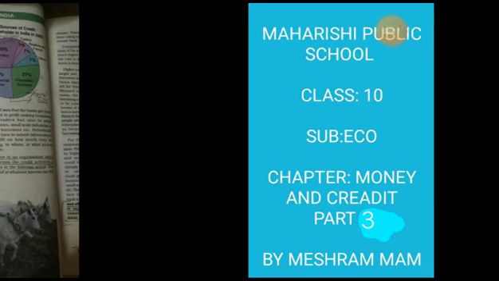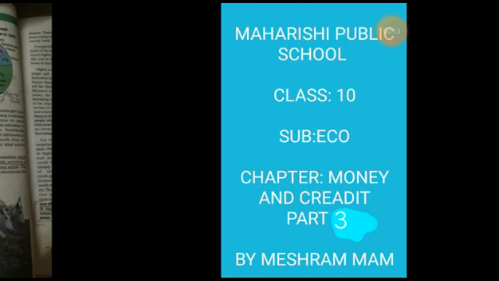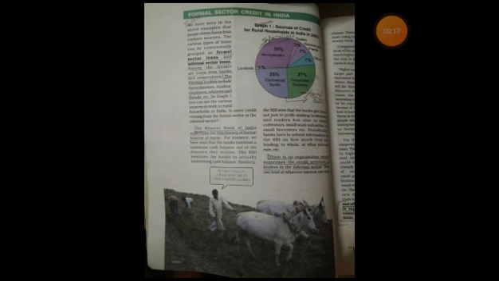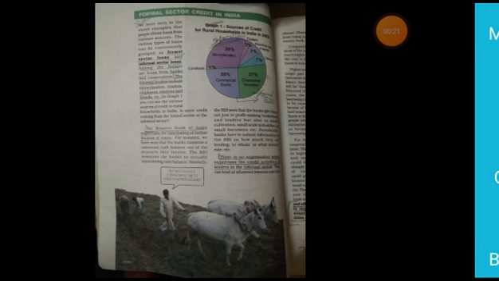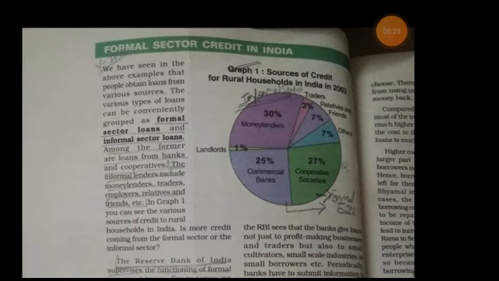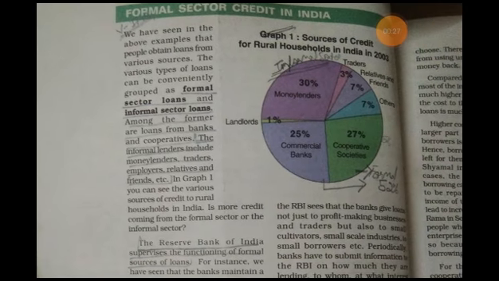In the last lecture, we saw loans from the cooperatives. Then we discussed the home loan, the terms of credit, collateral, all these things in the previous part. Now come to formal sector credit in India. There are two sectors, formal and informal.